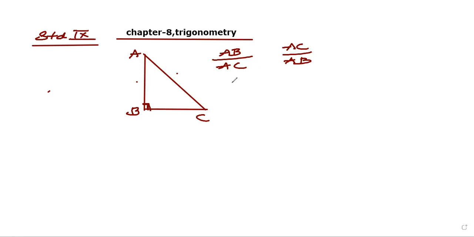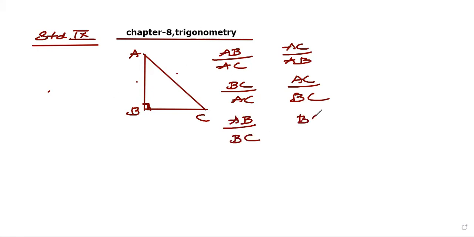ये वैसे हम BC upon AC निकाल सकते हैं. We can find the ratio of BC and AC. तो इसका रेसिप्रोकल AC upon BC निकाल सकते हैं. Are you getting me? अभी टोटली कितना रेशियो हो गया? चार रेशियो. चारों रेशियो इक्वल नहीं है, चार रेशियो अलग अलग है. अभी और एक रेशियो बच गया AB, और दो रेशियो बच गया. AB upon BC करूंगा तो उसका उल्टा BC upon AB. अभी आप ऑल द पॉसिबल रेशियो निकाल चुके हो.